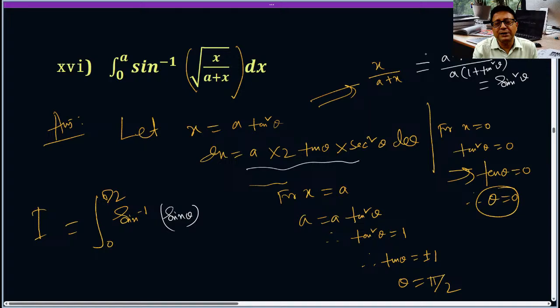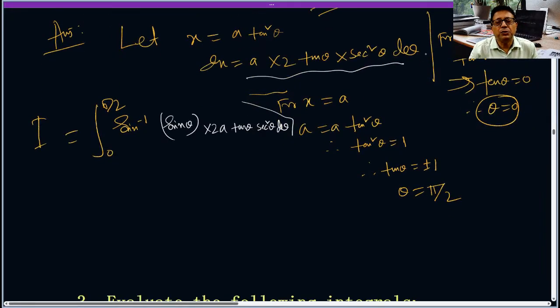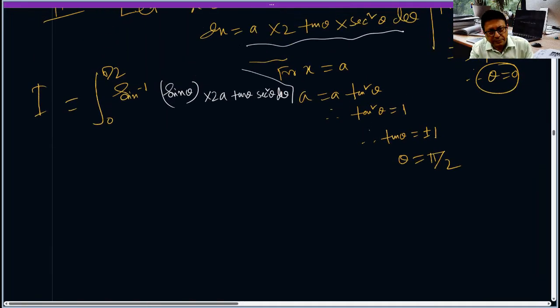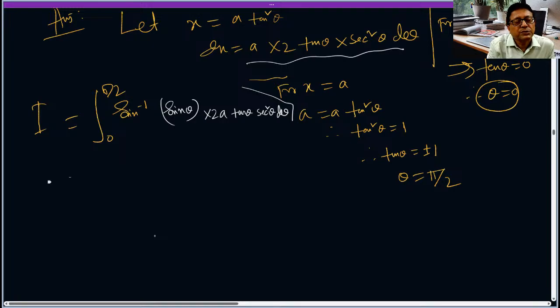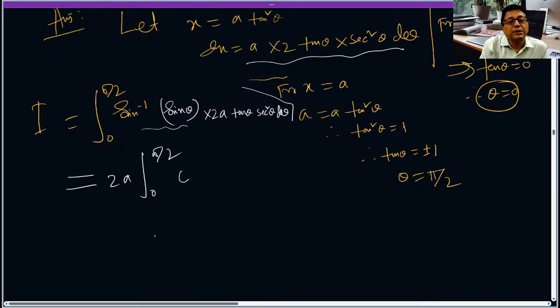And dx part I have written here. 2a tan theta into sec square theta d theta. Clear? So this 2a will come out. Sin inverse sin theta is what? Theta.